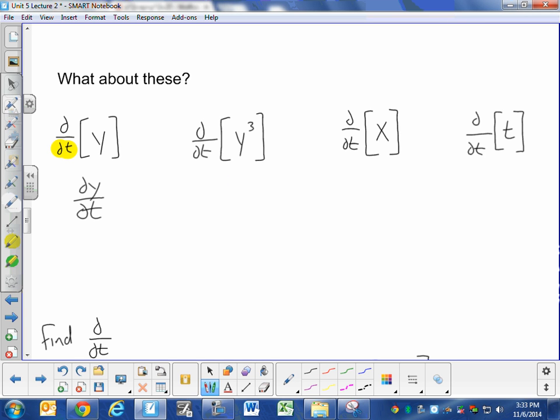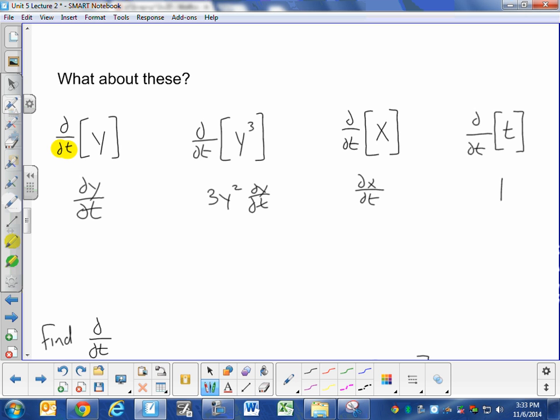It's the same deal. 3y squared, only instead of having a dy dx at the end, it's got to be a dy dt. Well, let's look at x. We said last time with the derivative with respect to x of x, that was just 1. What do you think the derivative of x with respect to t is? dx over dt. It's no longer 1. But if I take the derivative with respect to t of t, that's 1. That's dt over dt. That's 1.